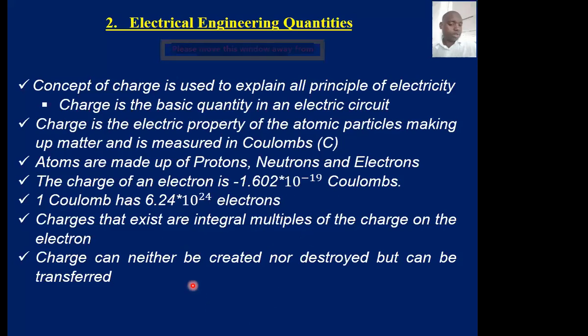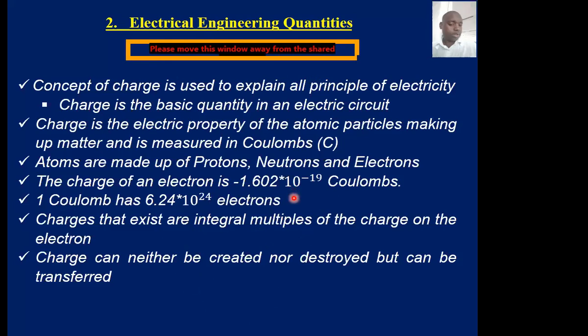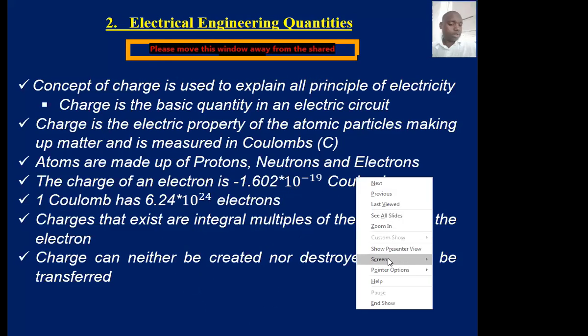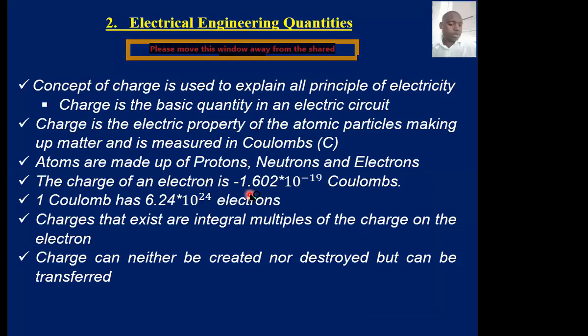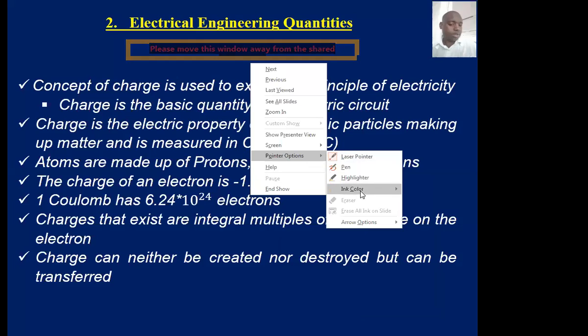And since the electron is the smallest unit, it means all values of charge should come in as integral multiples of the charge of an electron. And charge can neither be created nor destroyed. So that's the basic concept about charge, right?